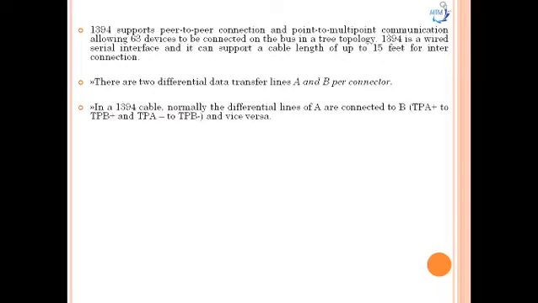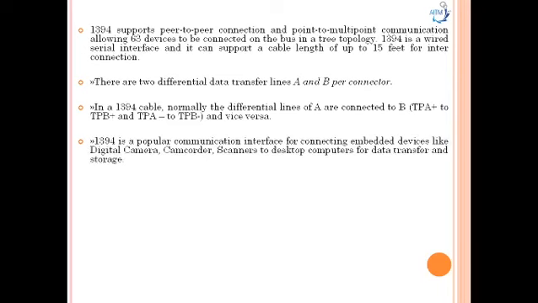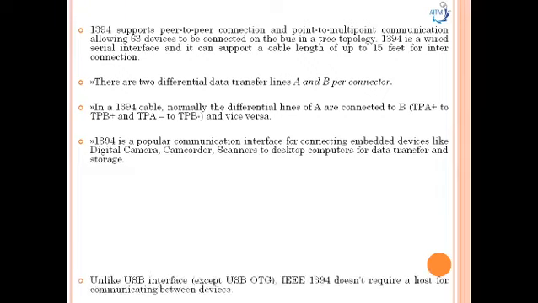In a 1394 cable, normally the differential lines of A are connected to B and vice versa here. The 1394 is a popular communication interface for connecting embedded devices like digital cameras, camcorders, and scanners to desktop computers for data transfer and storage here.